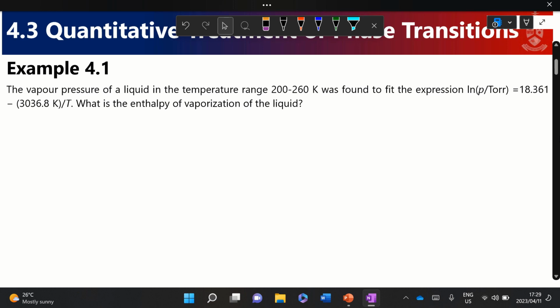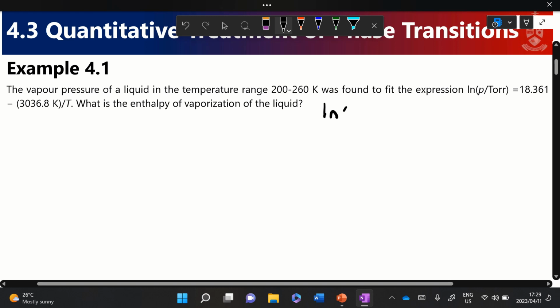So basically this expression just says ln of p is equal to 18.361 minus 3036.8 over T. It just gives the units of the pressure and the temperature is in Kelvin, so that you know what these constants are given in. So that's what the expression is, and then it says what is the enthalpy of vaporization of the liquid.